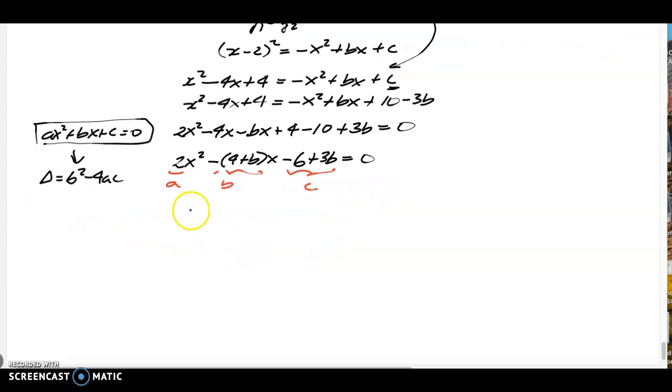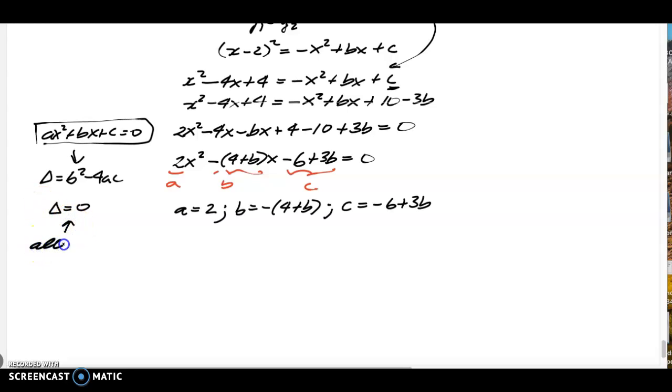So what's my a? A is 2. B is equal to this. C is equal to something even not so nice, minus 6 plus 3b. But I have all my b's. Now, the core idea is allowing the discriminant, because it only touches, right? And that's the key.